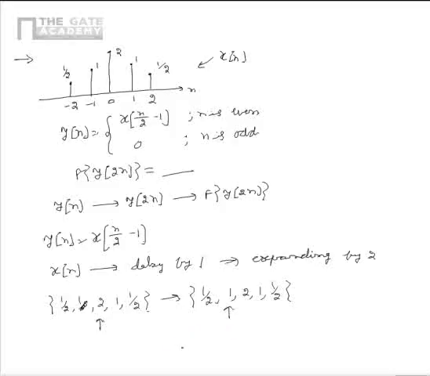Now by expanding the same by a factor of 2, we get the signal as half comma 0 comma 1 comma 0 comma 2 comma 1 comma half. Sorry, there should be zeros inserted here. Now this is actually y of n.